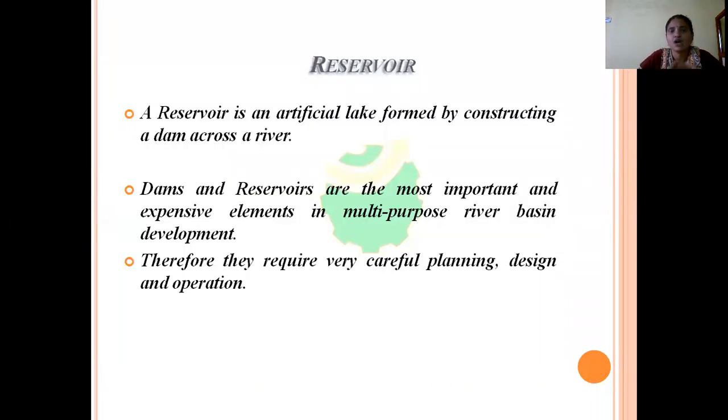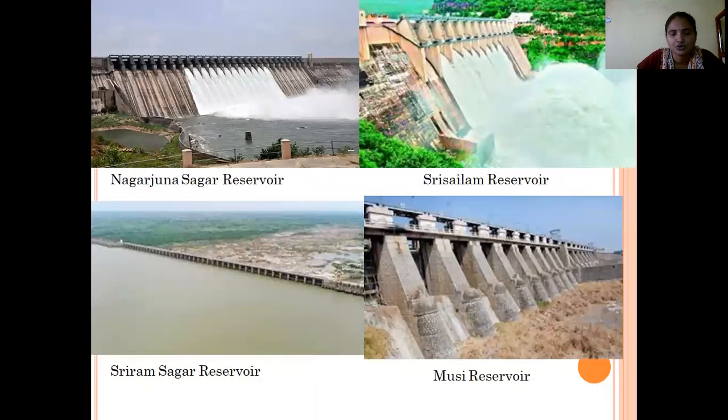So what is the reservoir? A reservoir is an artificial lake formed by constructing a dam across a river. So the reservoir is the place where the water is stored, that is called the reservoir.